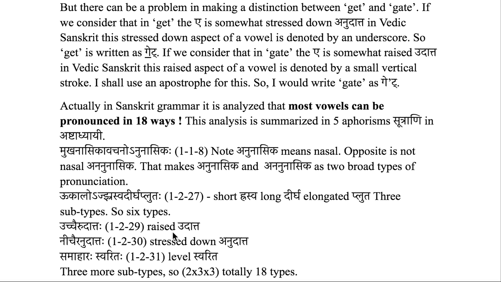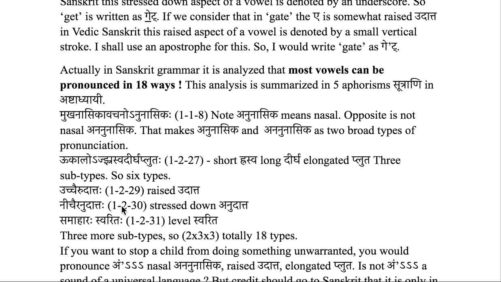Uchchair udattaha 1-2-29. Raised, udatta. Nichair anudattaha. These numbers 1-1-8 actually denote the following: the first number means Ashtadhyayi has 8 adhyayas, chapters, so the first number denotes the chapter number. Then every chapter has 4 sections, 4 quarters.